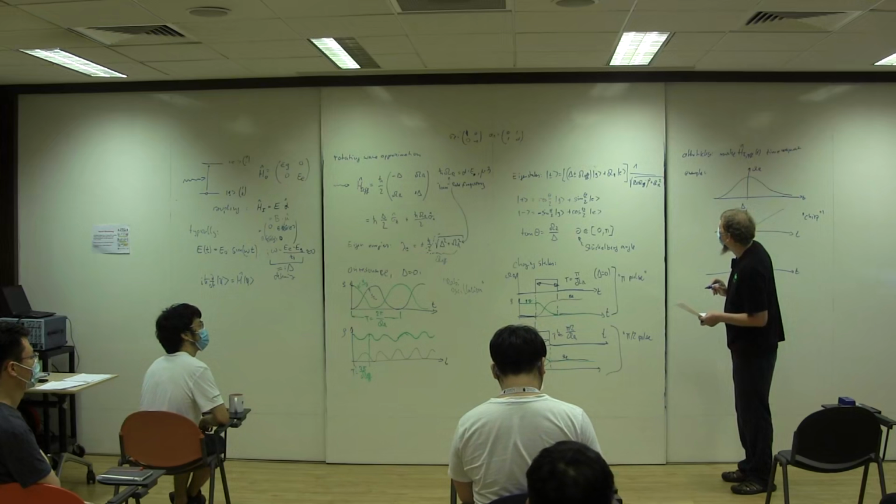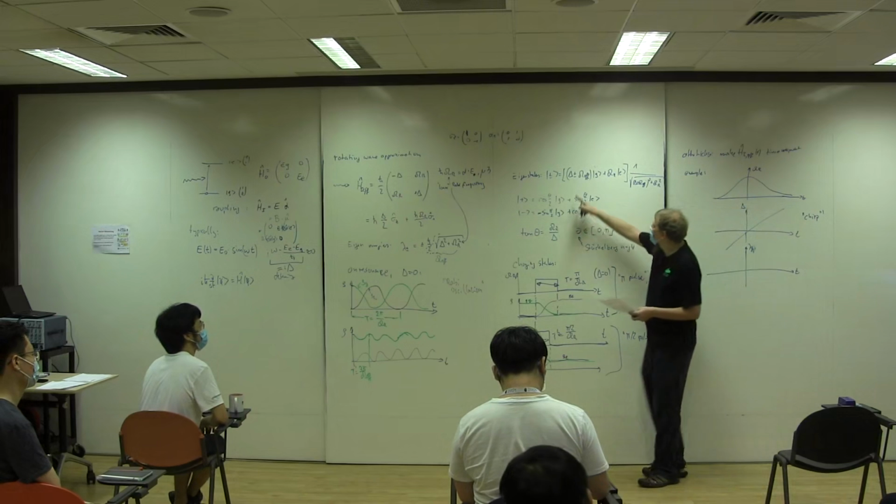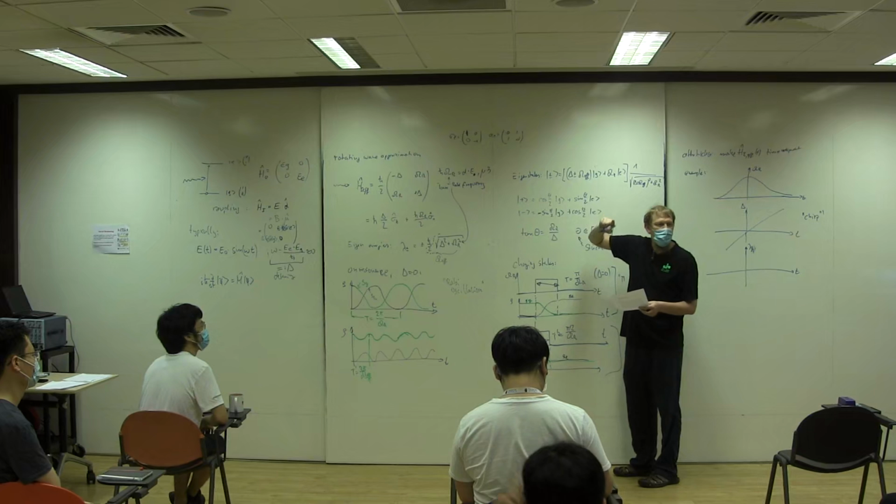If we go to detuning 0, then the plus and minus states are ground plus excited and ground minus excited.